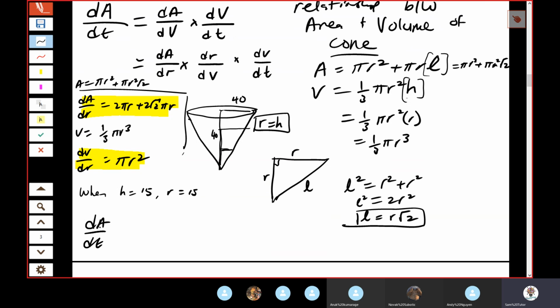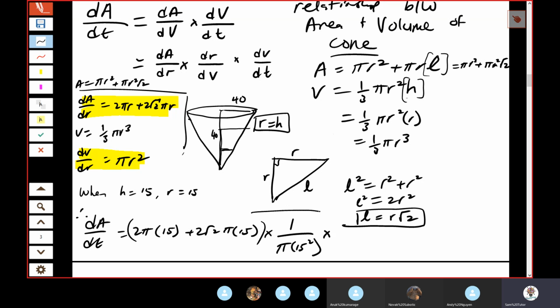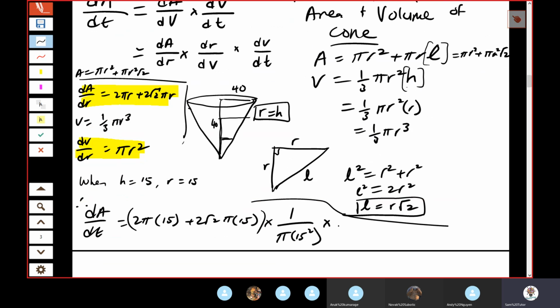dA on dt, this logic here, dA on dt is equal to dA on dr, which is this thing, 2 pi 15 plus 2 root 2 pi 15, multiplied by dr on dV, which is this flipped, 1 on pi 15 squared, times dV on dt, which was 24.